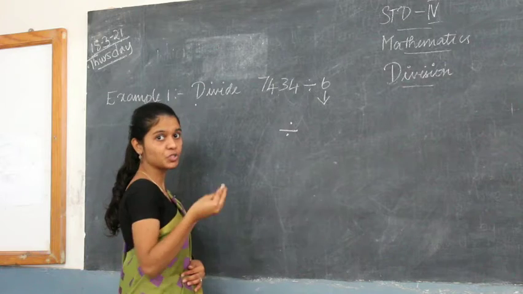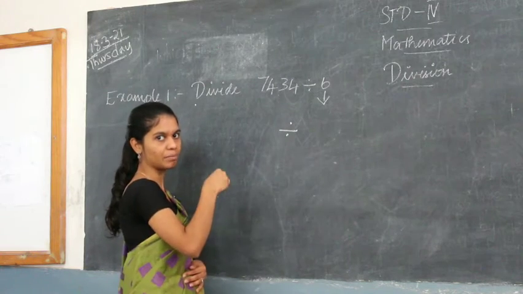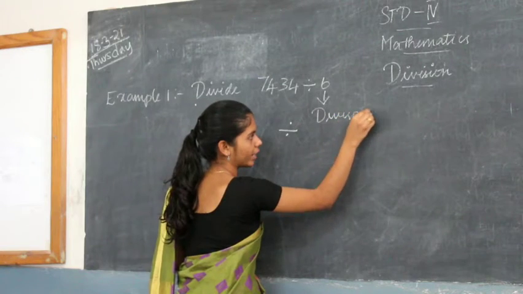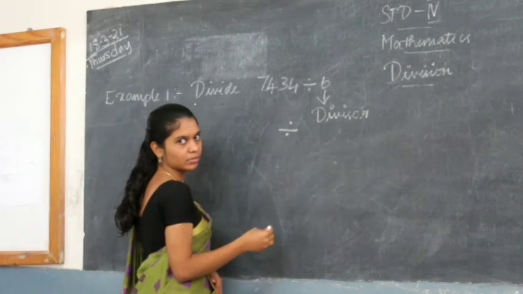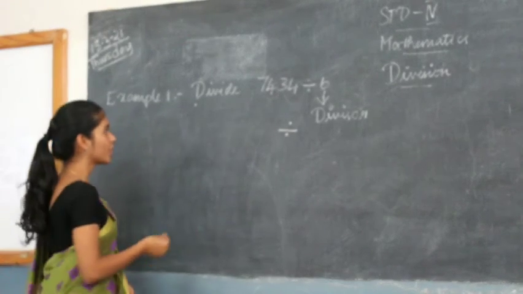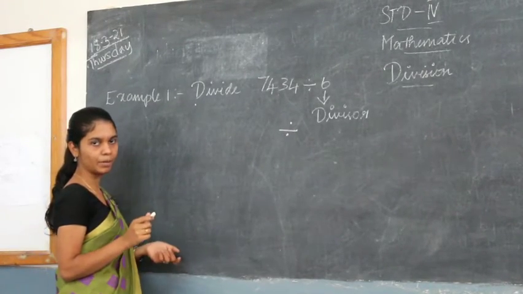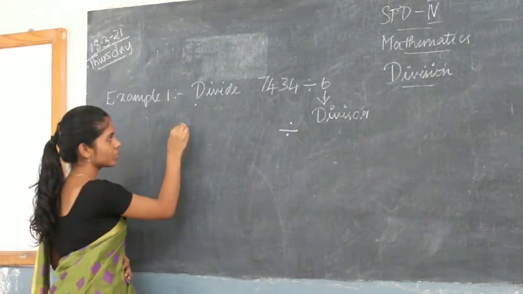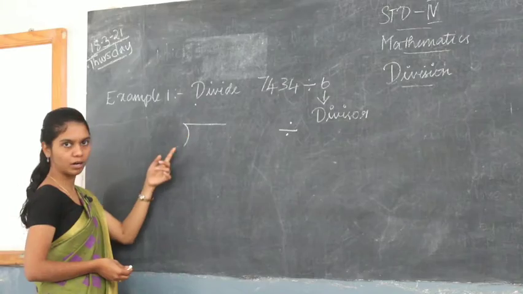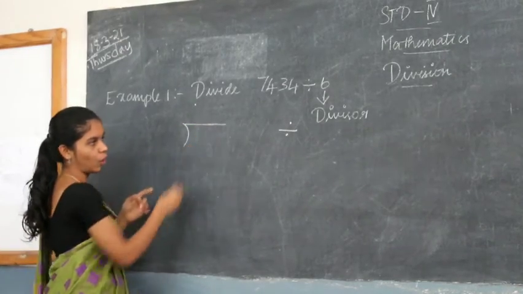The number which you are using to divide another number is called the divisor. So you are dividing it, and this 6 will be called the divisor. Now, whenever you want to divide a number, you will use this table where you will have a curve and a line on top.